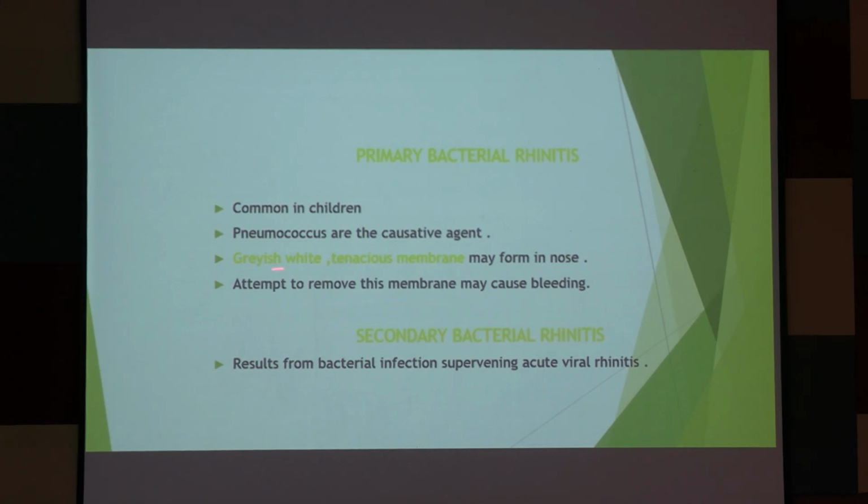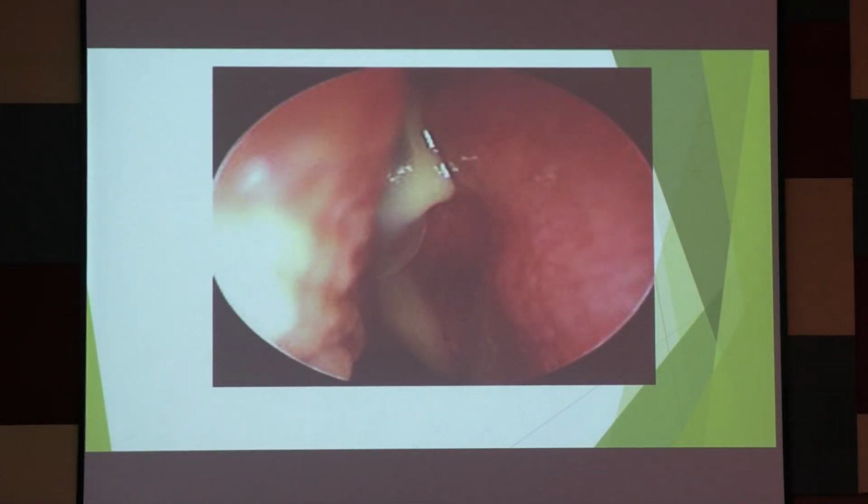So pneumococcus or Streptococcus pneumoniae is the most common causative organism, and the same thing, secondary bacterial rhinitis. Mostly it starts with your viral infection, then quickly gets into bacterial infection, and you can start having complications early. Okay. This is the kind of purulent material coming from the nose, from the sinuses. If you get this kind of purulent material, you should start antibiotic.